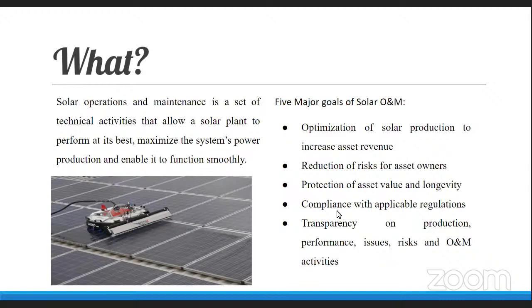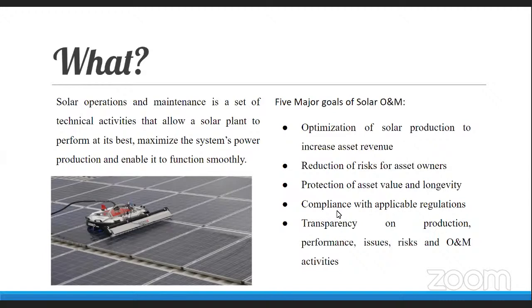And that's why, as a PV plant owner, as a customer, we have to ensure that the plant operates under optimal conditions to meet the energy needs as well as to make high returns on one's investment. To give a very brief introduction, solar O&M is a set of technical activities that allow a solar plant to perform at its best, maximize the system's power production, and enable it to function smoothly.